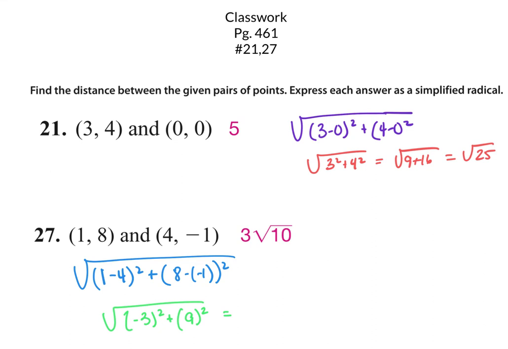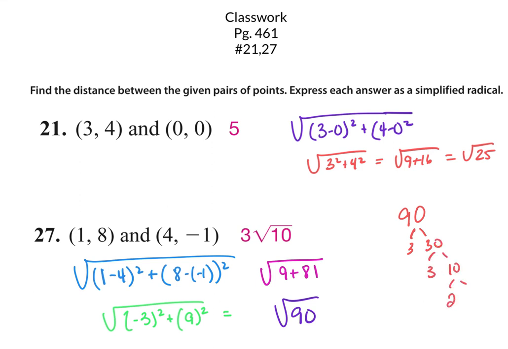All right, so we get square root of 9 plus 81, which is the square root of 90. Now 90 is not a perfect root, but we can factor it. The 3 will come out, the 2 and the 5 will stay in, which gives us 3 square root of 10.